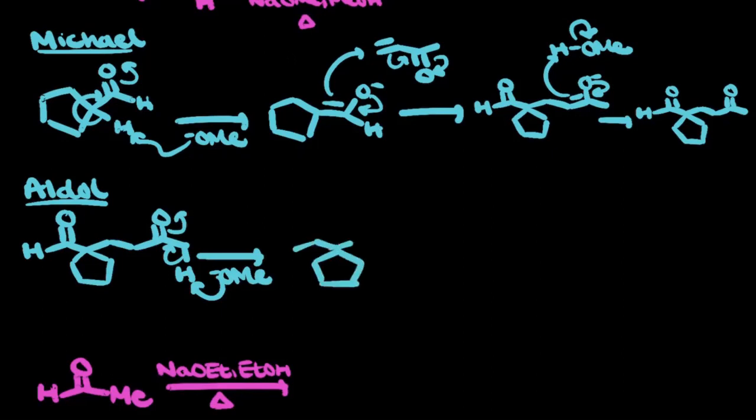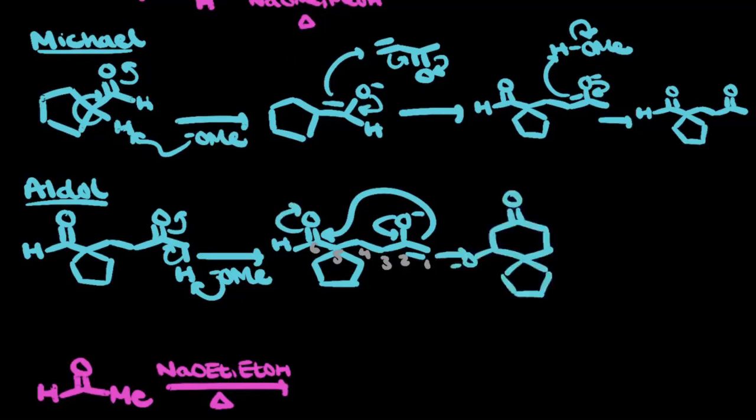The stability caused by the product of the cyclic ring. Very good. Yep. So from here you could form a 6-membered ring, which we're going to do. Let's number 1, 2, 3, 4, 5, 6. Then we can reform the carbonyl, attack this guy, and you end up with what is essentially a deprotonated aldol.